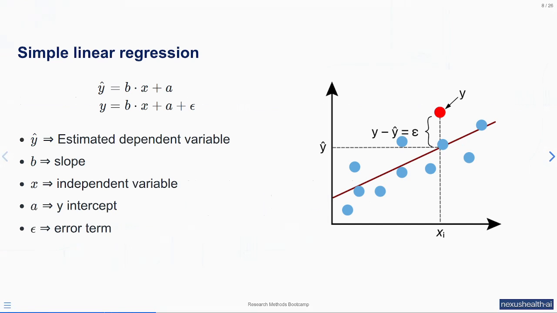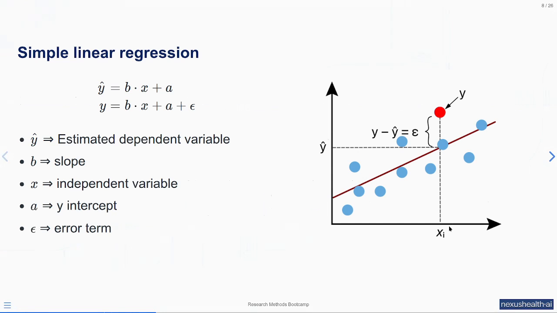But the reality is such that we often find that the predicted y, or the estimated dependent variable y hat, often has a different value from the actual observed y for any given value of x. Therefore there is what we call an error term, and this is what we see displayed graphically here. For this given value of xi, based on this regression line, we have the estimated value y hat.